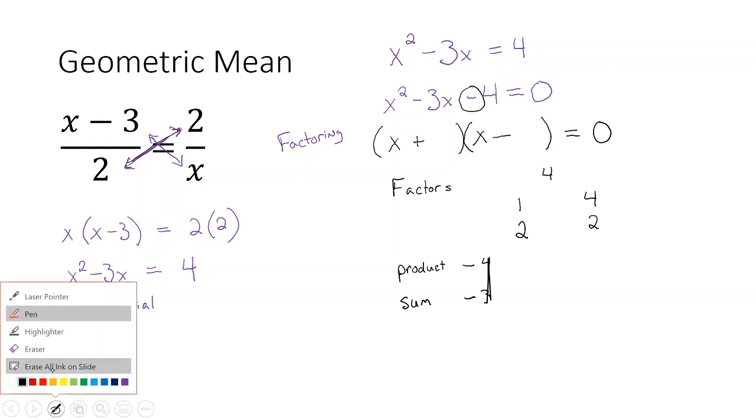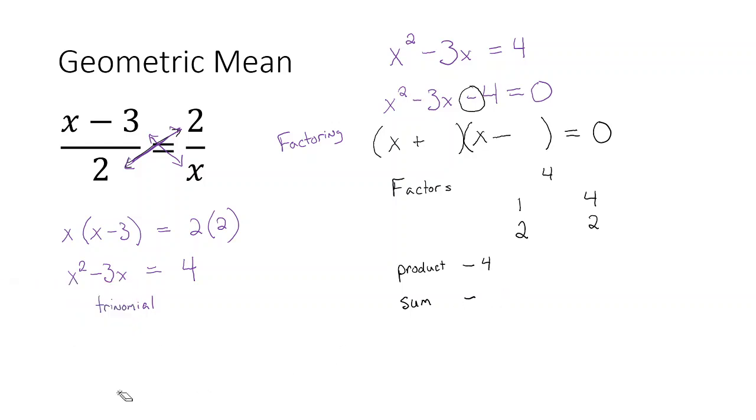Or if we looked at the absolute values, we'd say the difference should be 3. And remember, one of these is going to be positive and one of these is going to be negative. So you can see 2 times 2 will give you a product of 4, and 1 times 4 would give you a product of 4. But what about the sum, if we want to get negative 3?